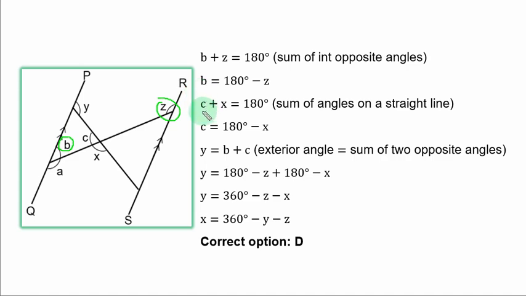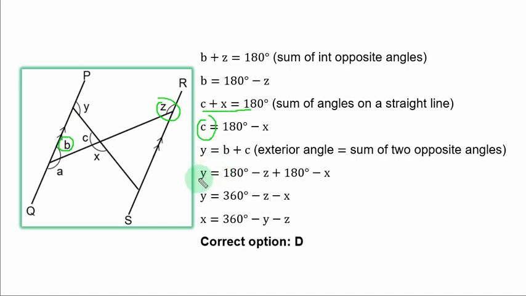Again, C plus S equal to 180 degrees, sum of angles on a straight line. In order for C to be deleted, you have to make it the subject. Now Y is equal to B plus C. Exterior angle equal to sum of two opposite interior angles.